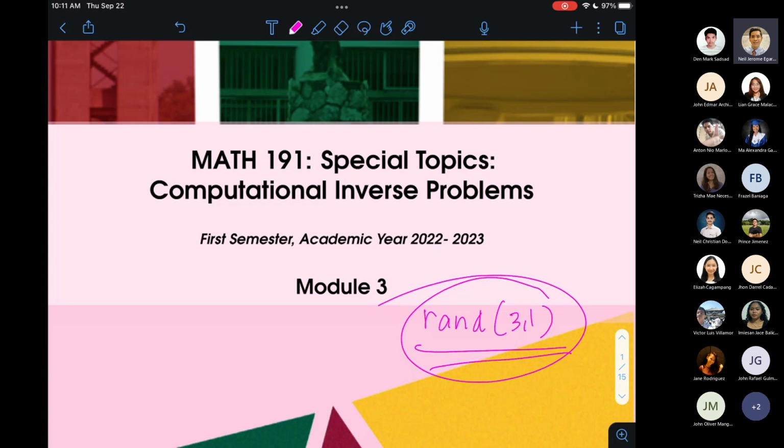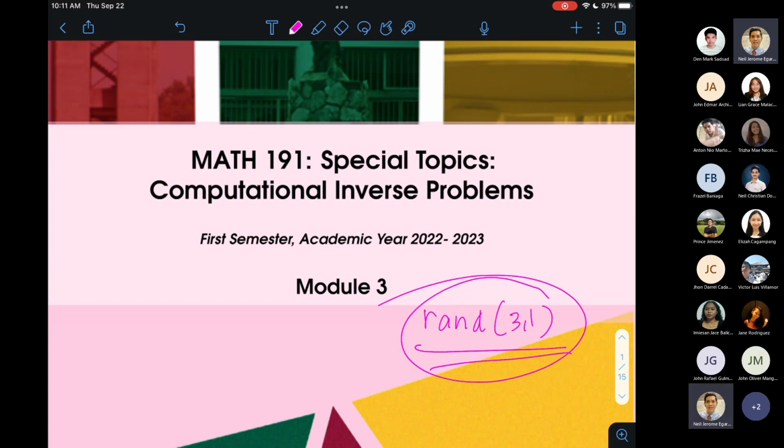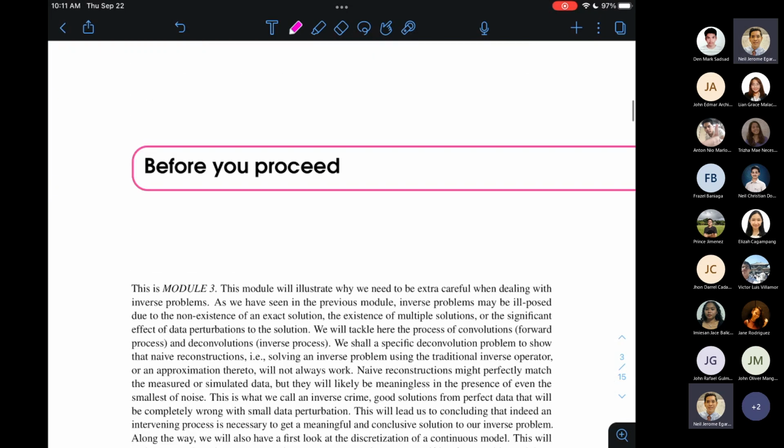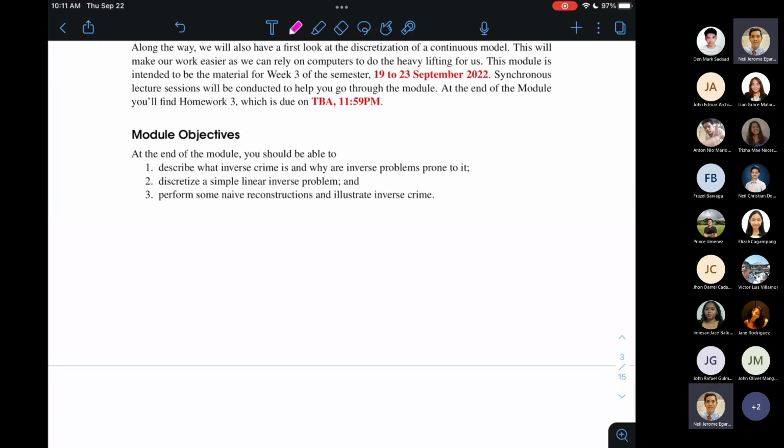So basically, ito yung siguro unang technical discussion ng inverse problem na makikita natin kasi medyo philosophical lang yung tinitingnan natin na last time nag-describe tayo ng properties pero wala pa masyadong math na involved. All right. So ngayon titingnan natin via a specific example. So I think I have introduced module number 3 and we went through the module objectives.